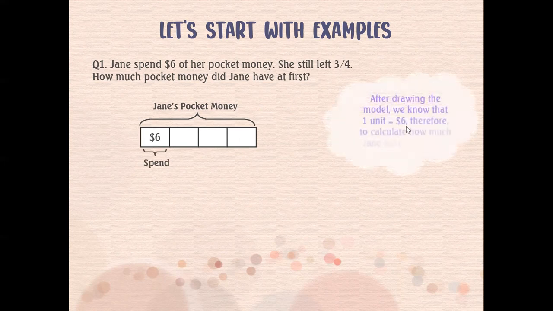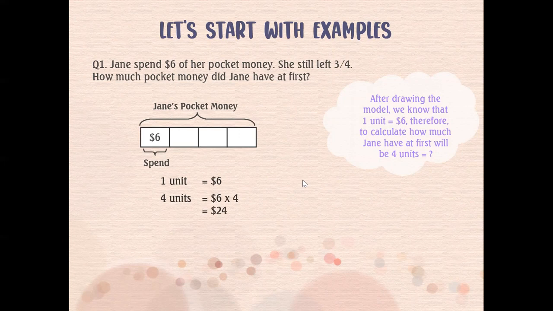After drawing the model, we know that 1 unit equals $6. Therefore, to calculate how much Jane had at first, 4 units equal how much? Let's write down. 1 unit equals $6. 4 units will be $6 times 4 equals $24.